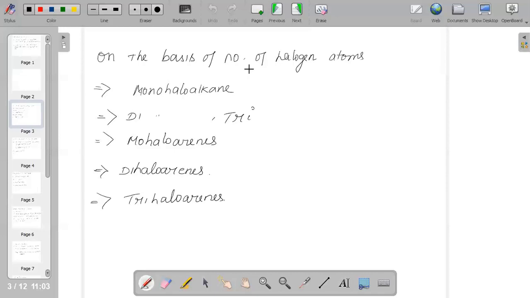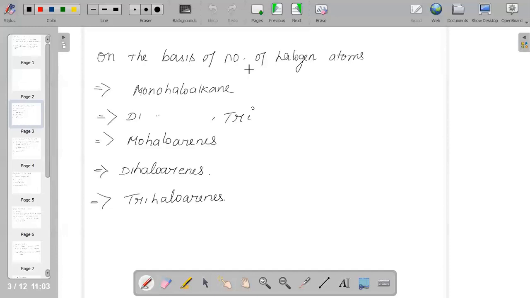Depending on the number of halogen atoms present, they are basically classified into three: mono, which has one atom, di, two atoms, or polyhalogen, that is tri, tetra, etc.